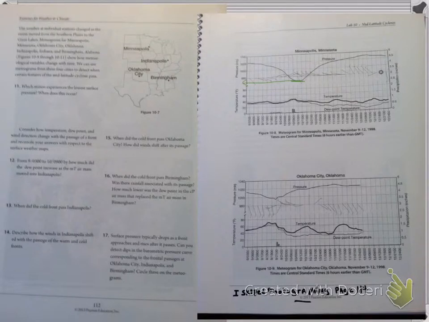For question 12, it gives you the dates, and it says from 9/3 to 10/9, by how much did the dew point increase as the maritime tropical air mass moved in Indianapolis?